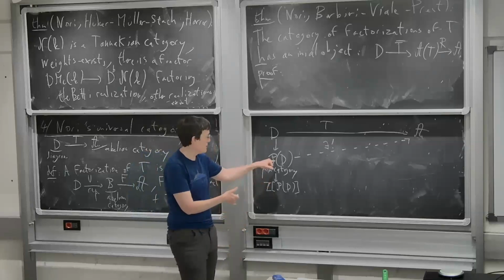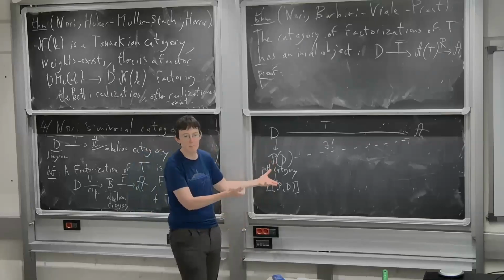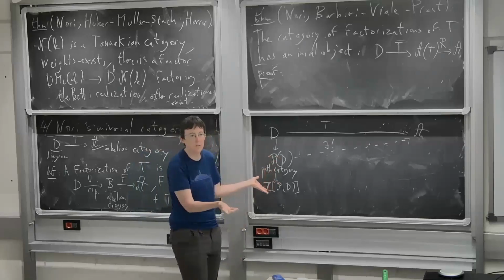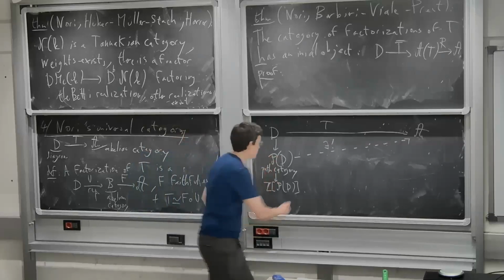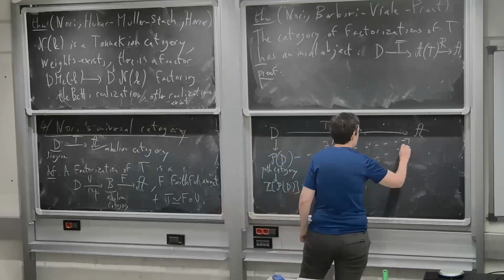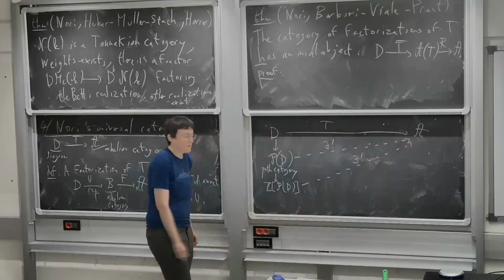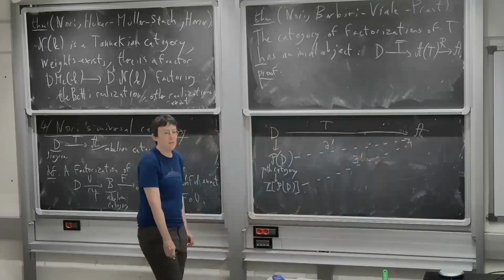You replace the Homs by the free abelian groups over the Homs, and extend composition by linearity. And this extends again in a unique way. So this is a category where the Homs are abelian groups and composition is bilinear.